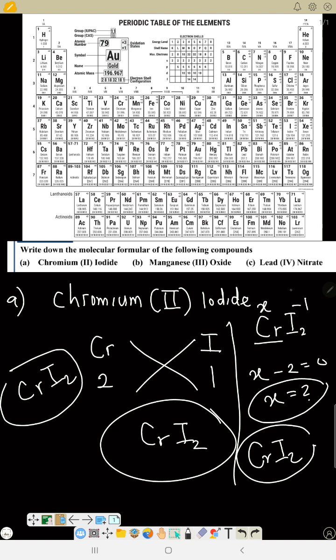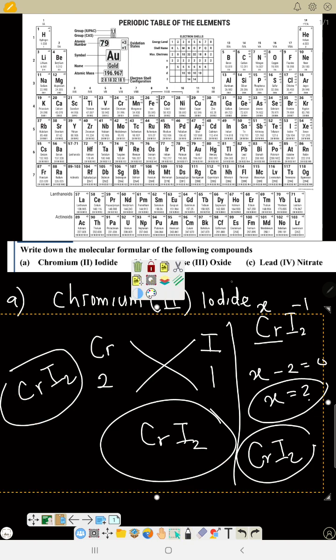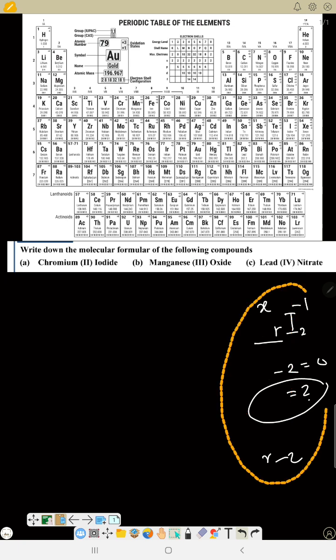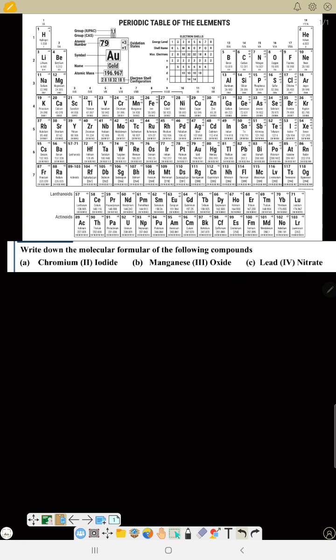Now let's see the next one. B, manganese 3 oxide.